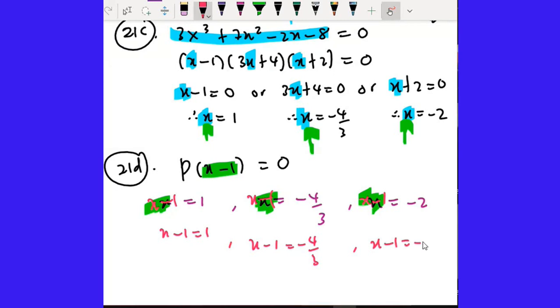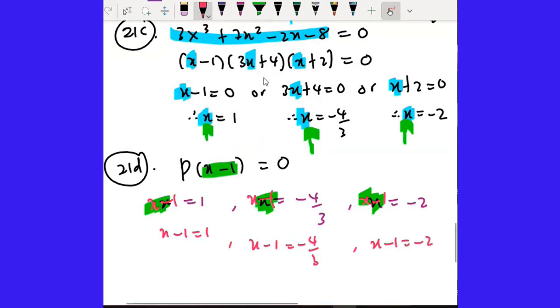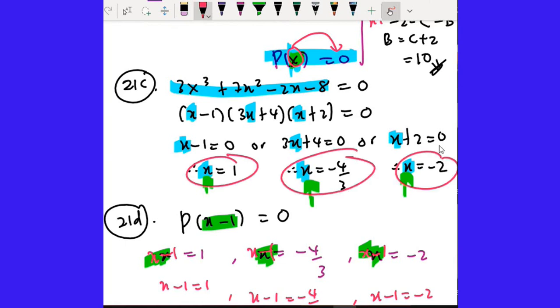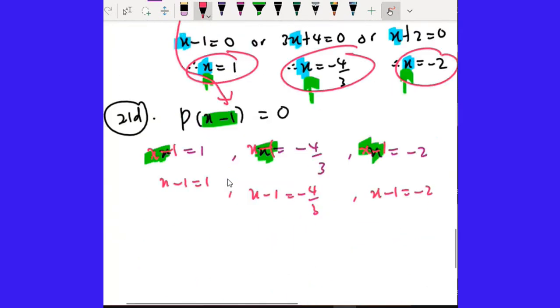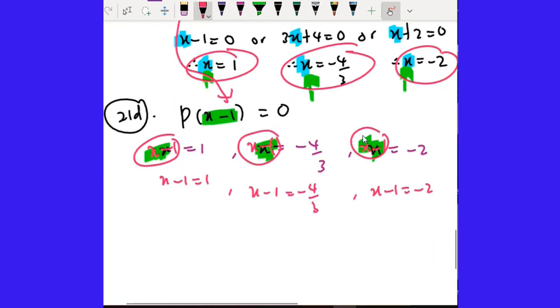X minus 1 equals negative 2. Okay, from when variable x, P(x) is equal to 0, the answer is this one, the three answers. Now when this x change to x minus 1, everything here change to x minus 1. Okay, this new variable, new x.